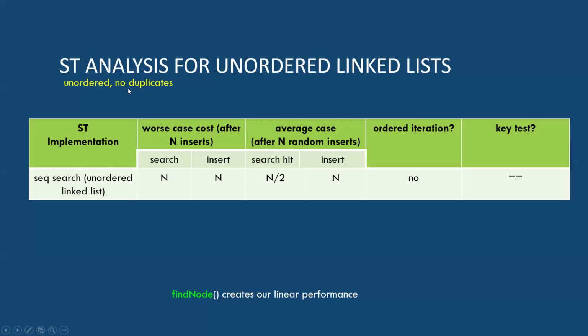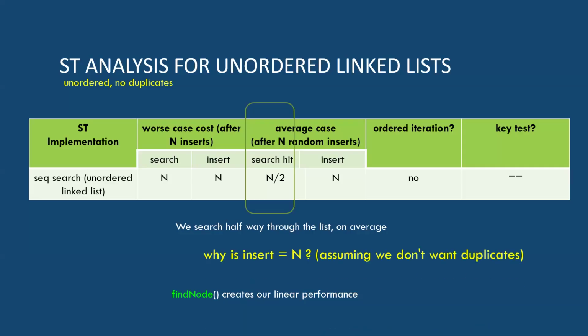So unordered, no duplicates is an important characteristic we have to be aware of. It's like, oh yeah, that's going to cost me n things because I'm always going to have to look. Okay. Now, 50-50 chance we will end up with random insertions about halfway through if we're looking for something. And then on average, we're probably going to end up with n for our insert as well, assuming we don't have duplicates.